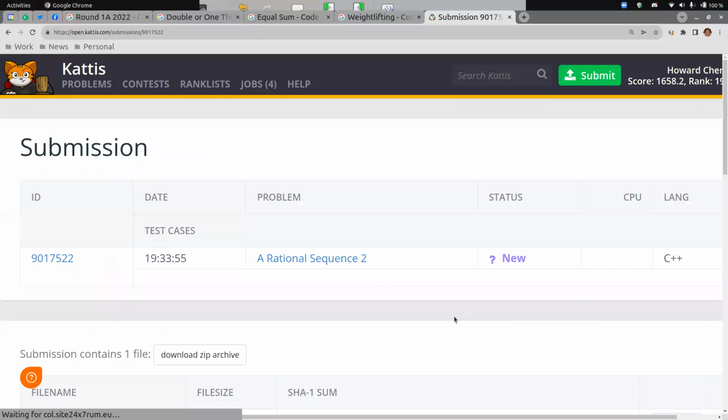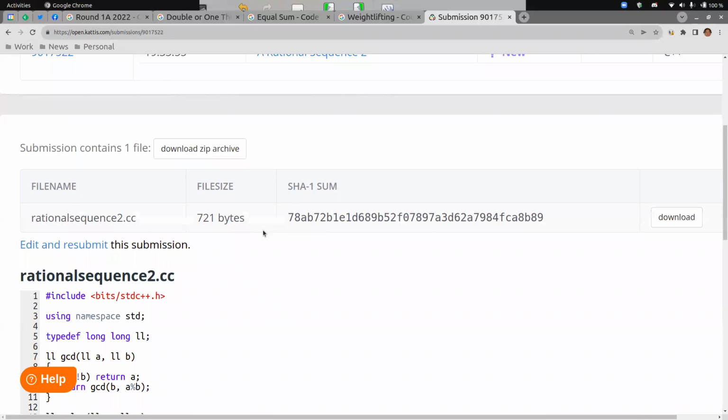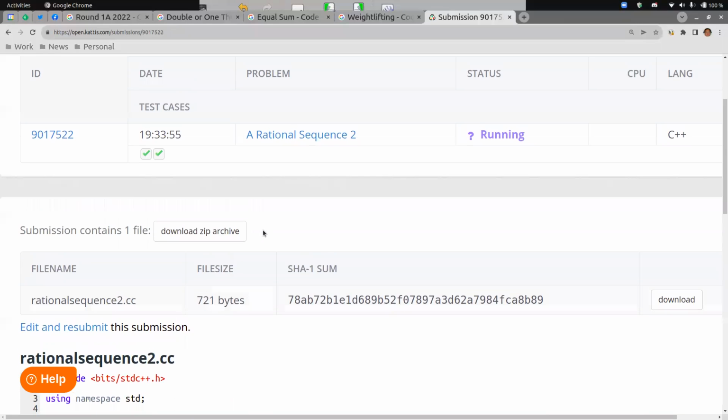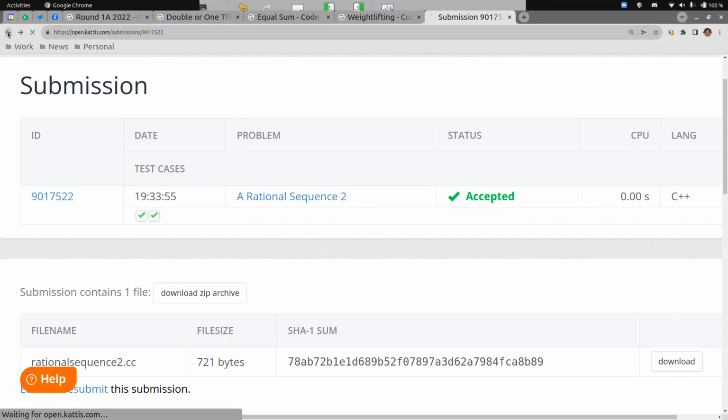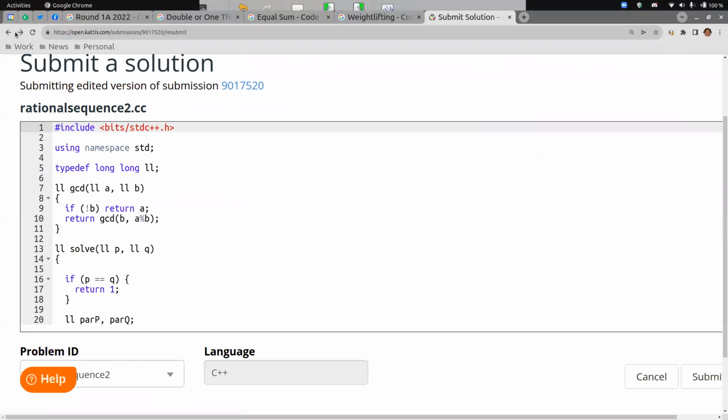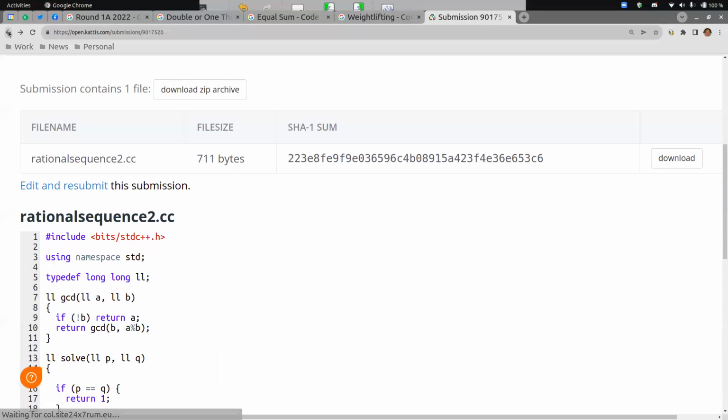Maybe there's no such input. If there's input like 5/5, I'm in trouble, but I guess there isn't. Anyway, I guess that was, you call it defensive programming, just in case.